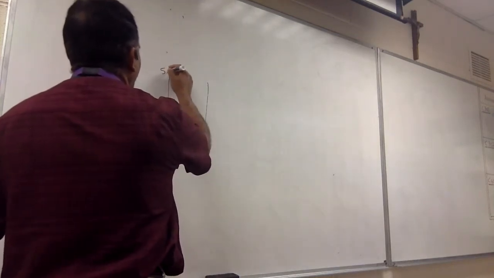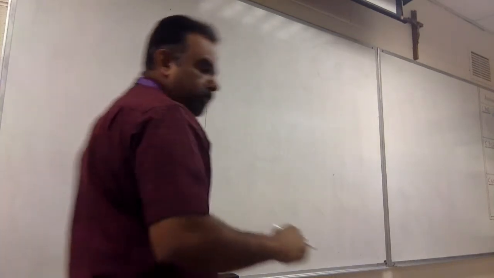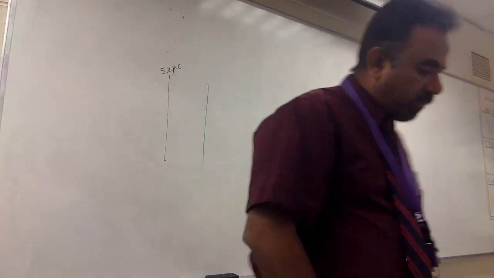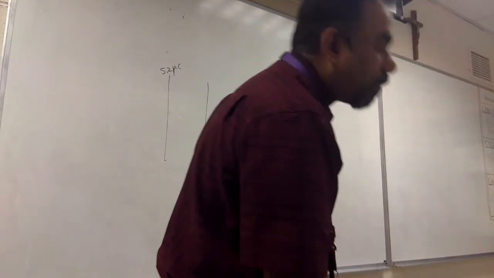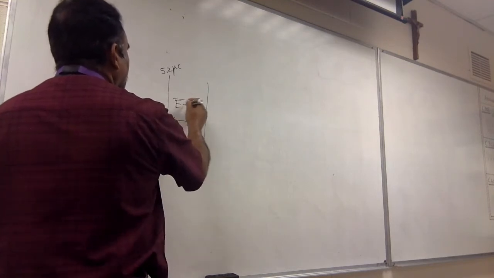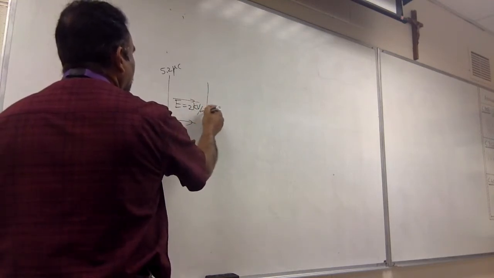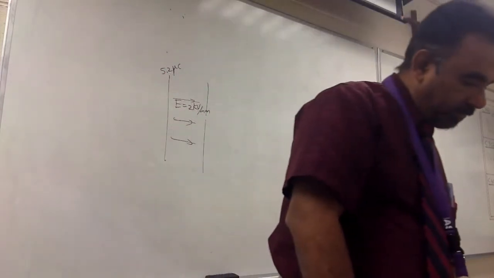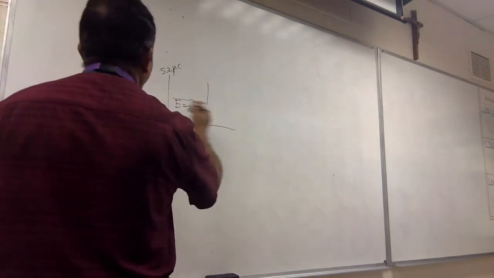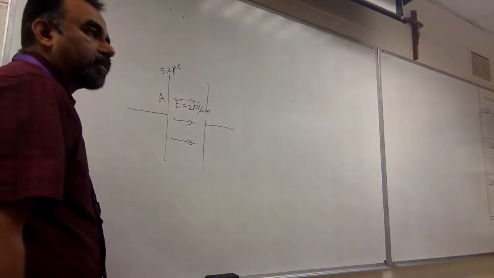The charge on the plates is 5.2 microcoulombs, and the electric field desired is 2 kilovolt per millimeter. What should be the area of each plate? That's the question.